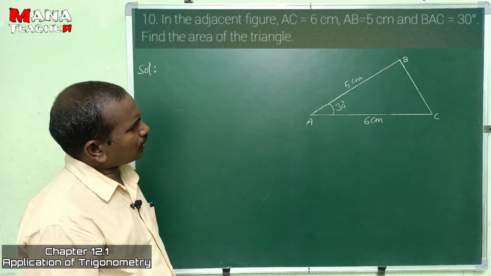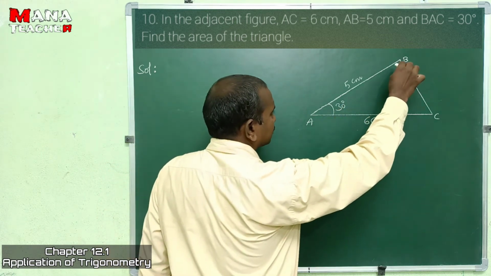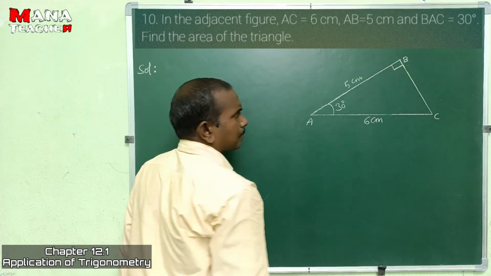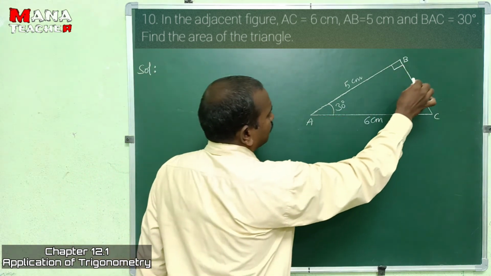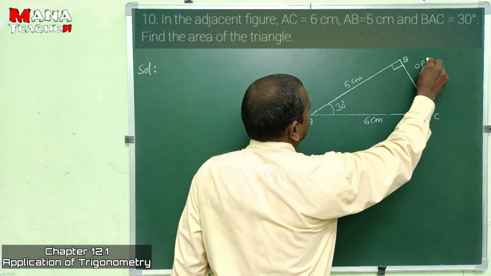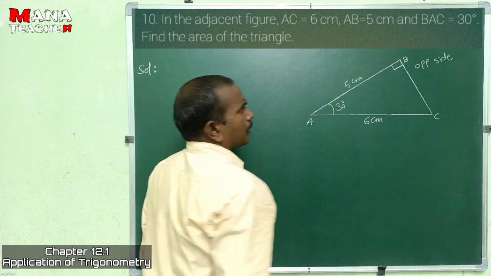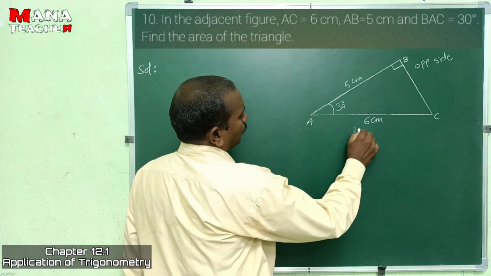Now observe the given figure once. Here this is the right angle. Now this is angle 30. This is the opposite side of the angle. Now in this one, this is the hypotenuse.